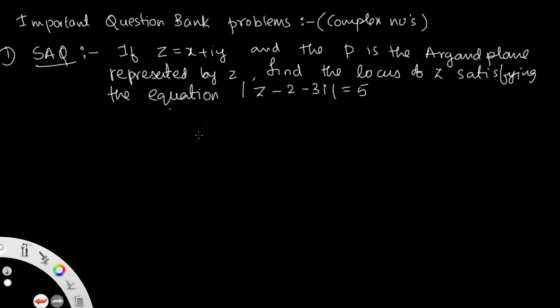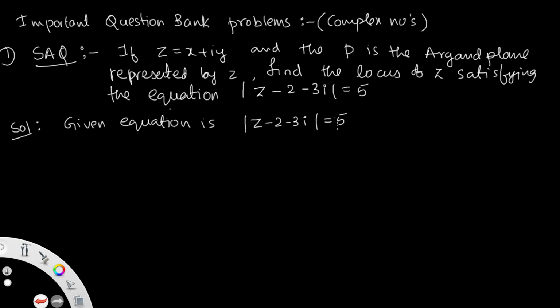This is the question for important question: find the locus of z satisfying the given equation, modulus of z minus 2 minus 3i equal to 5. So write down first, given equation is mod of z minus 2 minus 3i equal to 5.